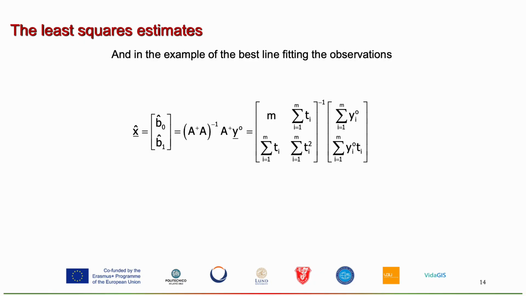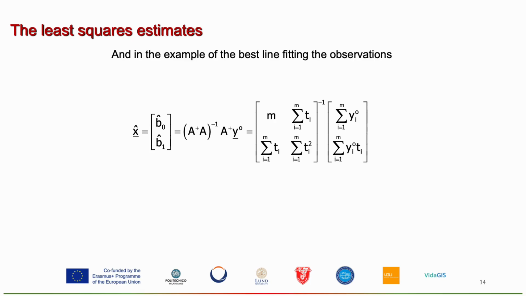So, for the specific example of the line fitting, where we have two parameters to be estimated and we suppose that all the observations have the same precision and are uncorrelated, we find that the normal matrix reduces to capital A transpose times A, and the normal matrix is given by this 2 by 2 matrix on the left side of the equation.